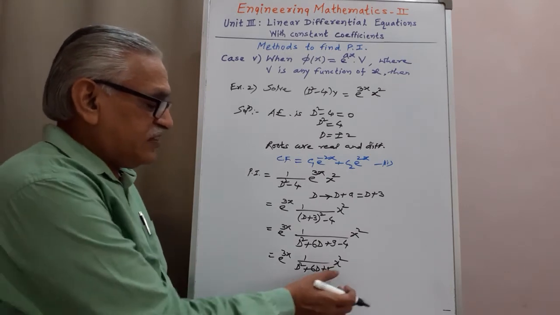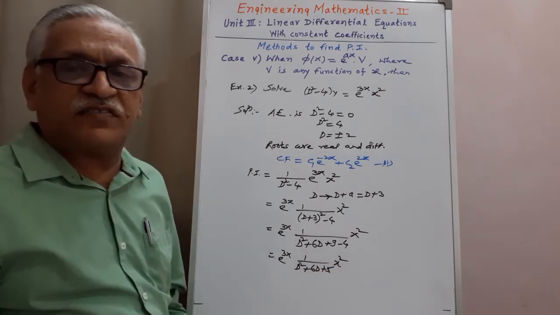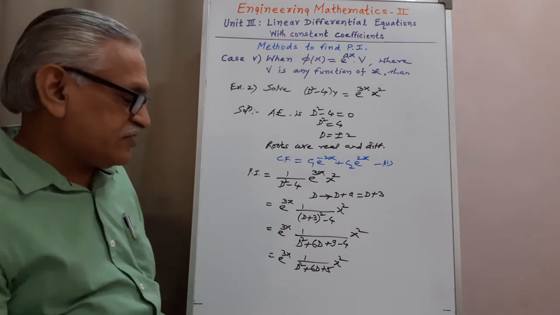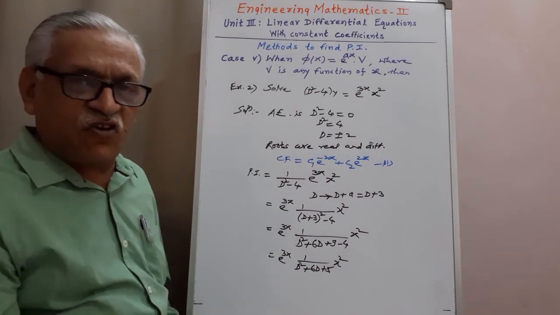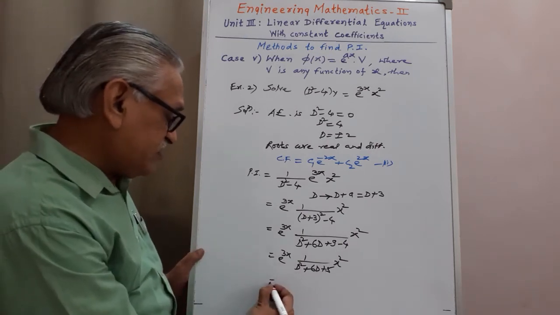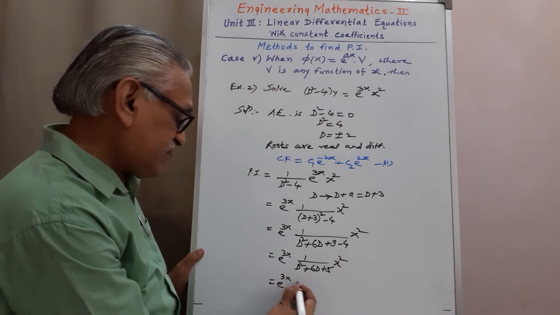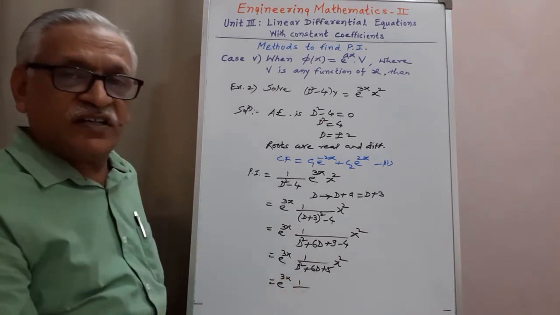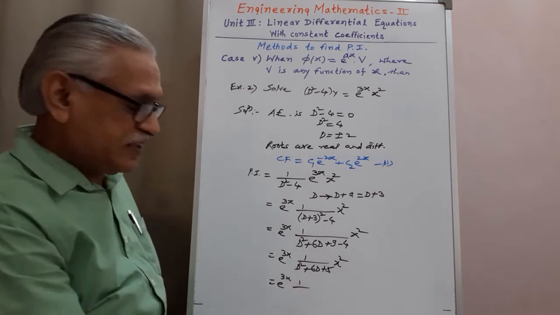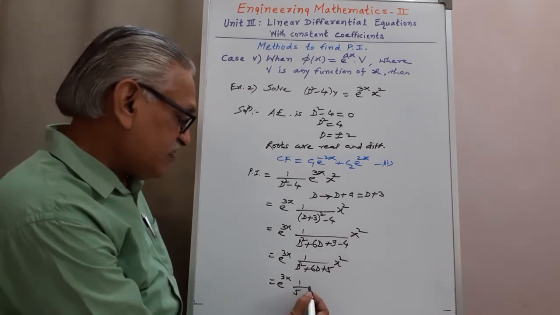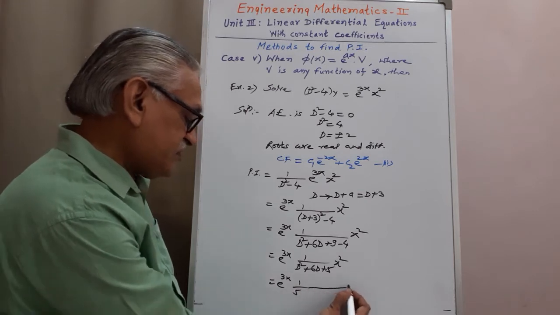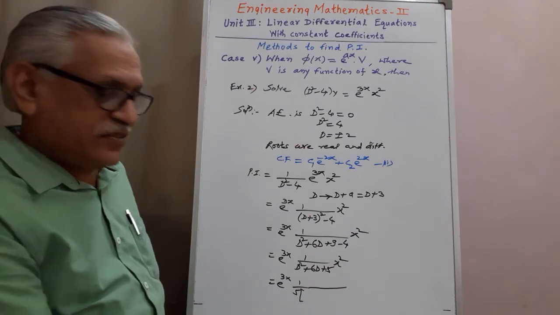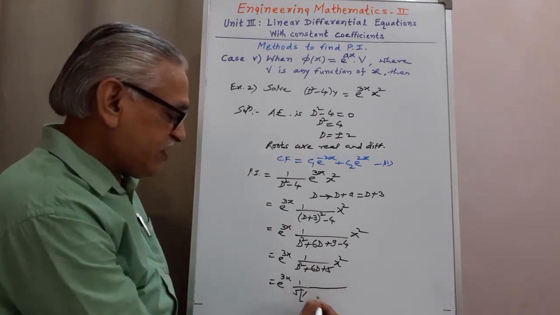And then as this operator is operated on x to the m type of term, applying the technique of finding PI for that case, we take the lowest degree term as a common term. Therefore it is e raised to 3x, 1 upon. The degree of the first term is 2, of the second term is 1, and of the last term is 5. Taking 5 as common from all the terms and writing the terms from right to left, if we take 5 common from 5, we get 1.